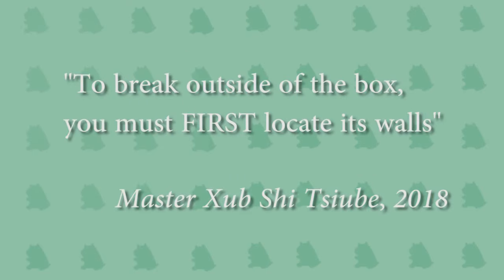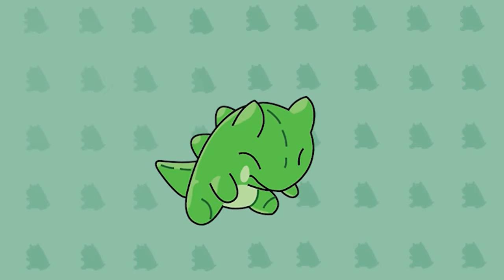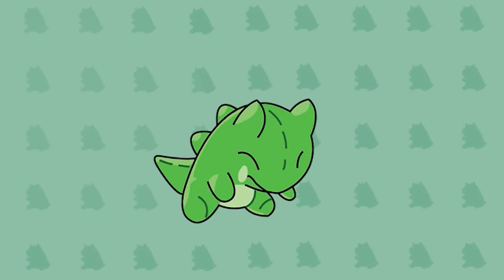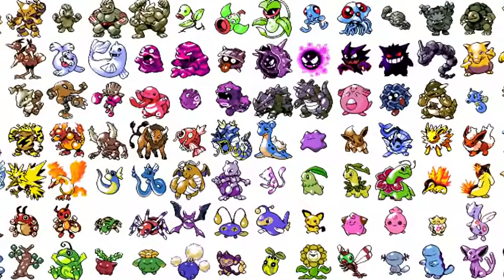As a wise man once said, to break outside the box, you must first locate its walls. Before any pixel art can begin, we must first understand the core of Gen 2 sprites. More specifically, what actions are we limited to so that our sprites turn out like their sprites? First and foremost is the size.